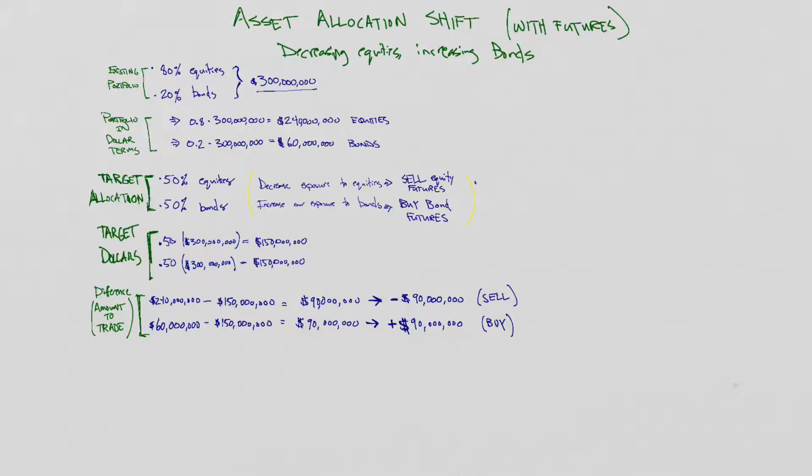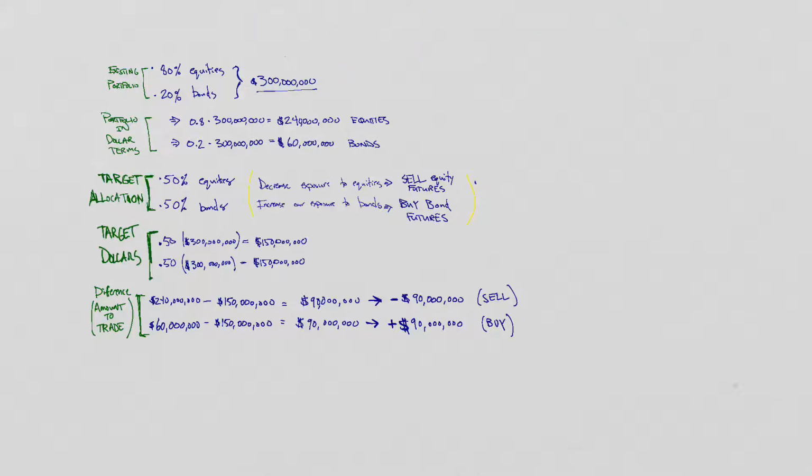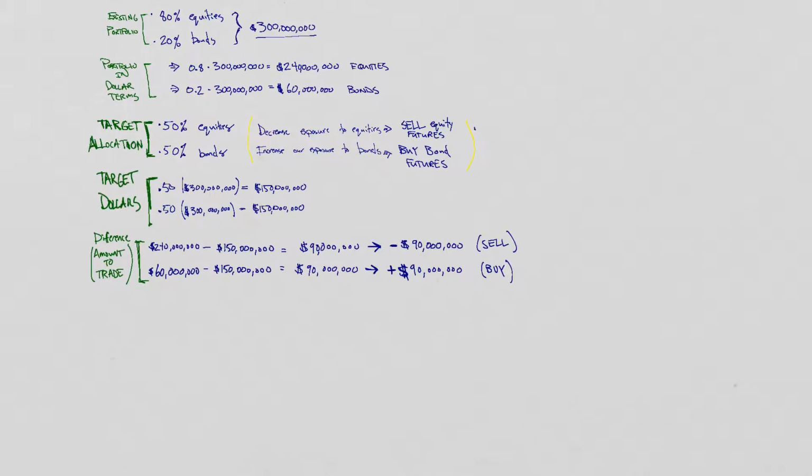This is our example here, we had this $300 million portfolio, and if we wanted to get from an 80-20 mix down to a 50-50 mix in terms of our asset allocation, we just figured out how many equity futures we should short and how many bond futures we should long.